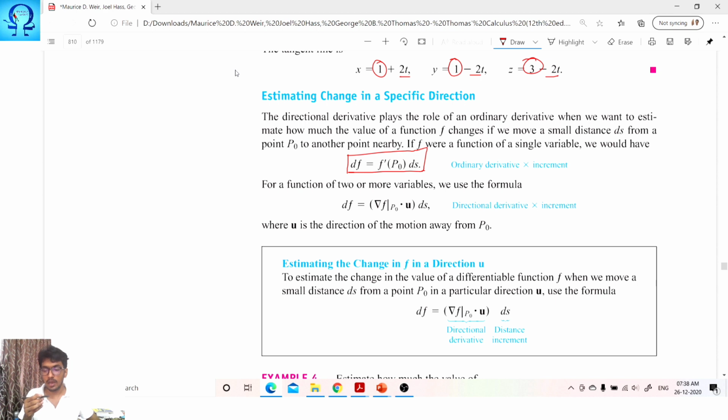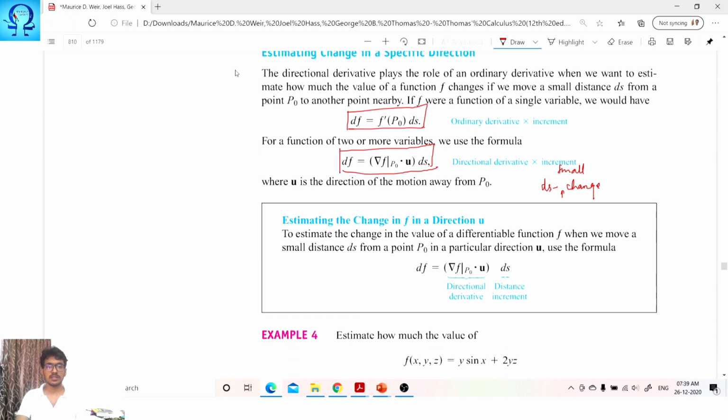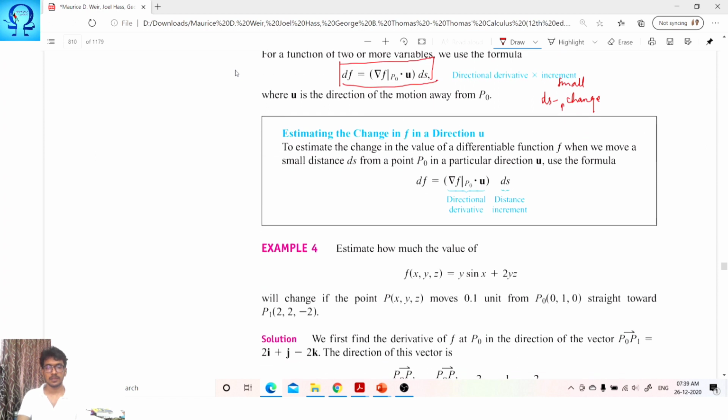So if you have to talk about the change happening in a specific direction, it is given by this one. This quantity ds represents a small change. You just evaluate your directional derivative and multiply it with the small change. That is going to give you the change that we are estimating.